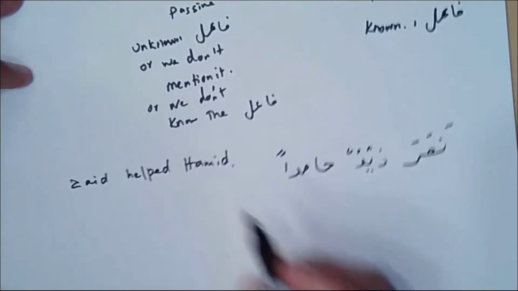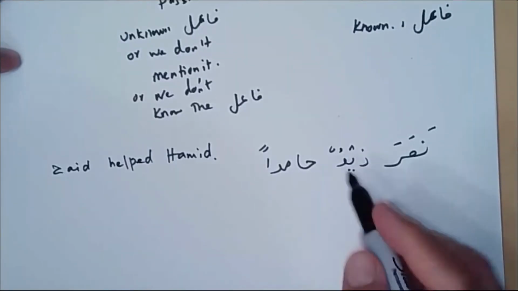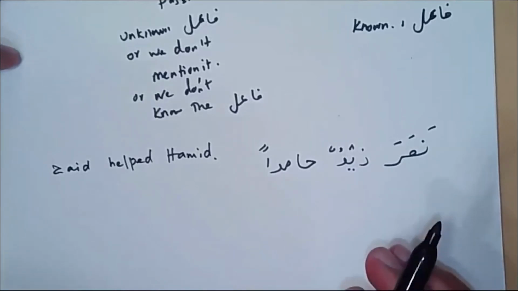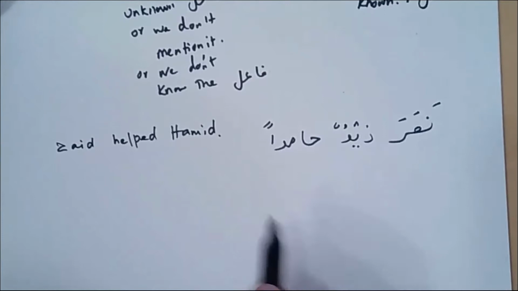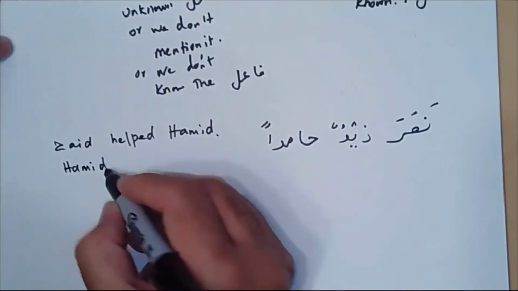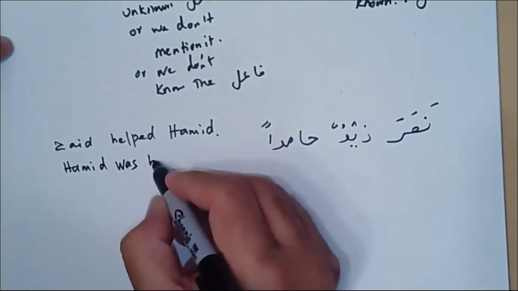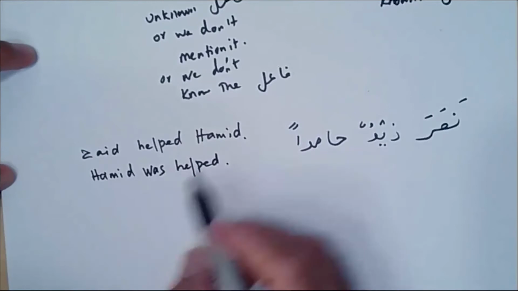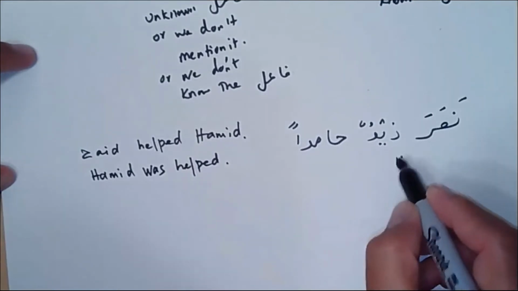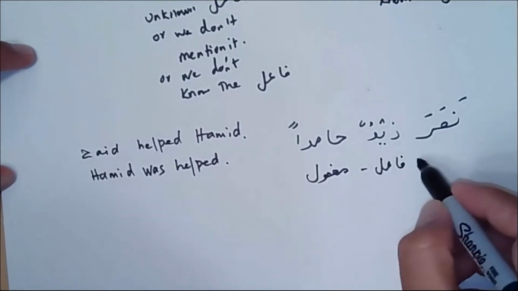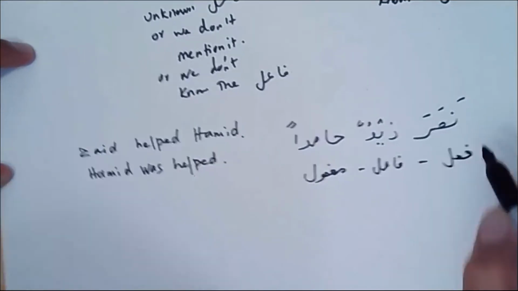How do we know? Because Zaidun is rafa', Hamidan is nasb, and Nasara is fi'l madi. Now we want to say Hamid was helped. So this is the fa'il, Zaid is gone now. Maf'ul, and the fa'il. Making sense?